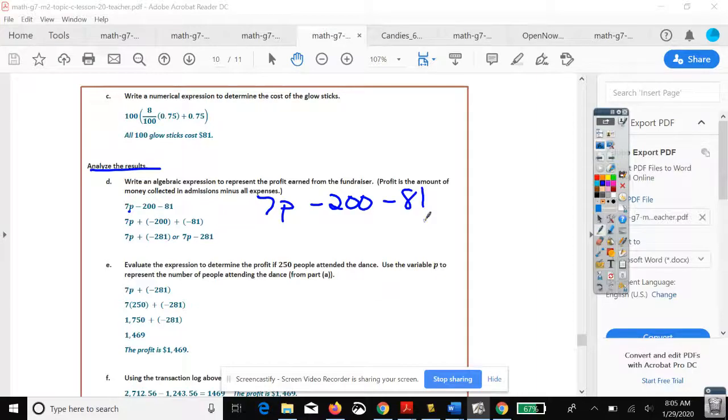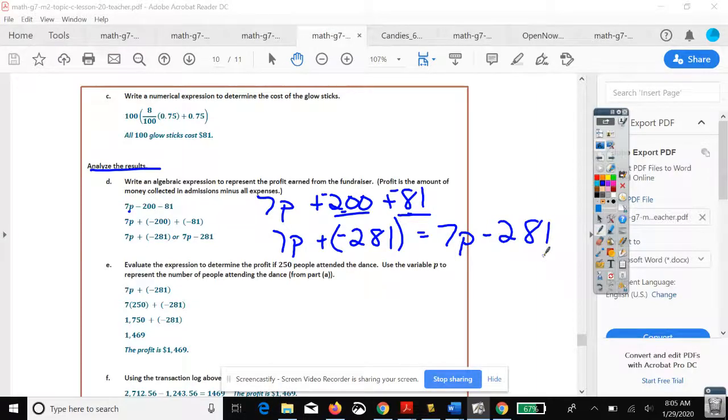If I make it plus a negative, I can add these together because they're numbers. So negative 200 plus negative 81 is negative 281. So $7 per person plus a negative $281, which you could write as 7p minus 281.